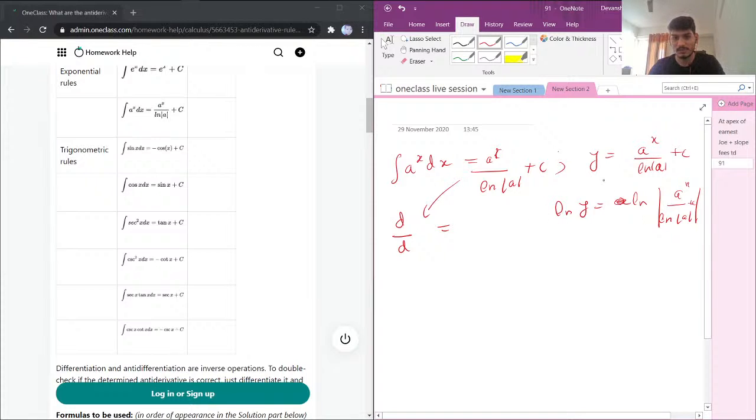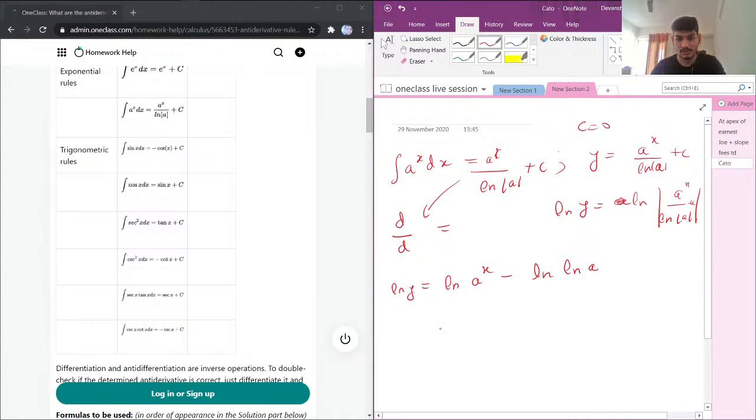So just for simplicity, I'll take c as 0 for the calculation. So ln of y will be equal to x ln of a minus ln of ln of a.